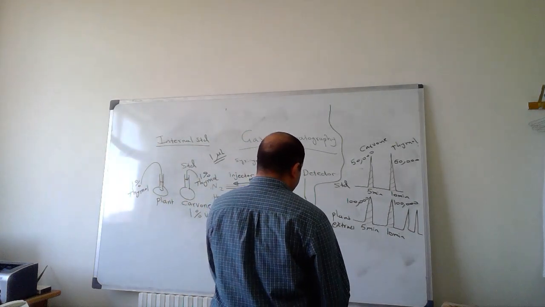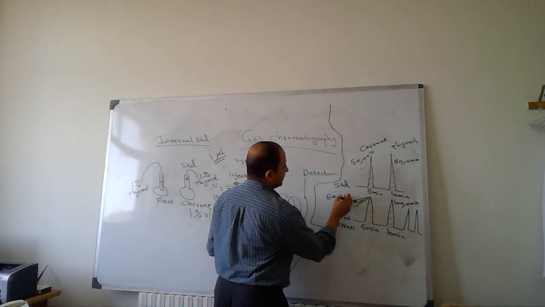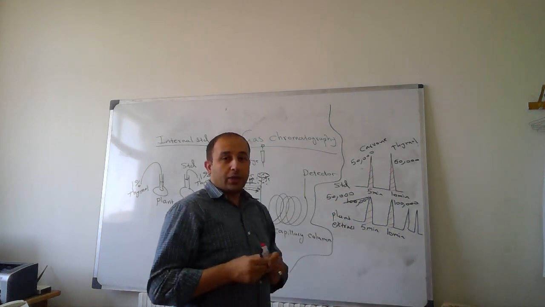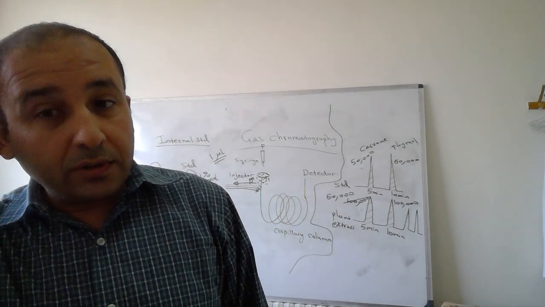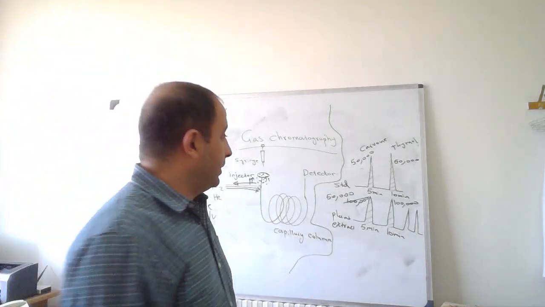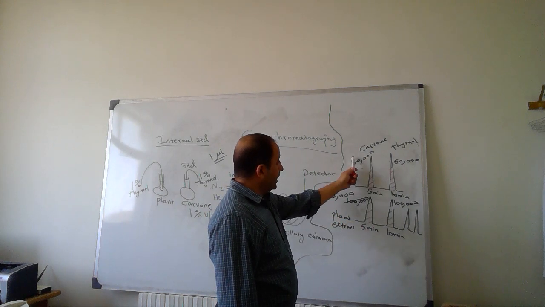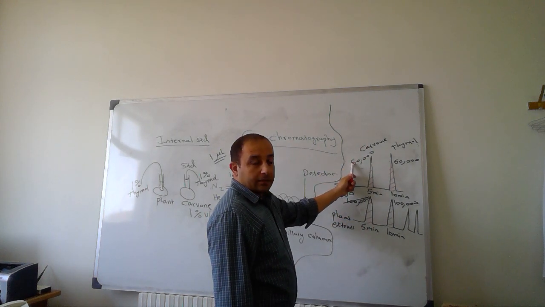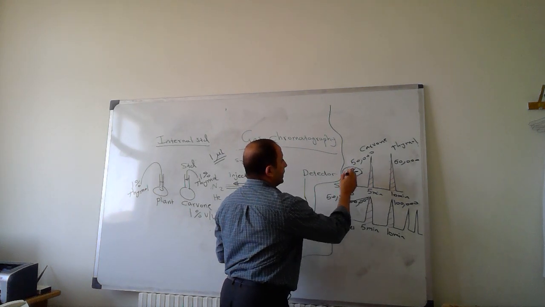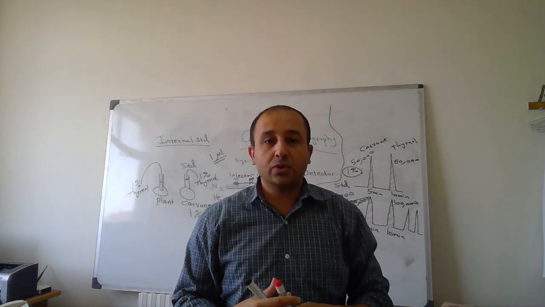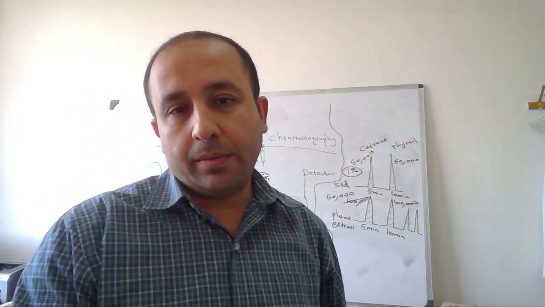So the corrected area is 50,000, corrected according to the volume. Now, what is the quantity of carbon in the sample? The area of the carbon in the sample is the same as the area of the carbon in the standard. The concentration of carbon in the standard is 1%. So the concentration of carbon in the sample is again 1%.